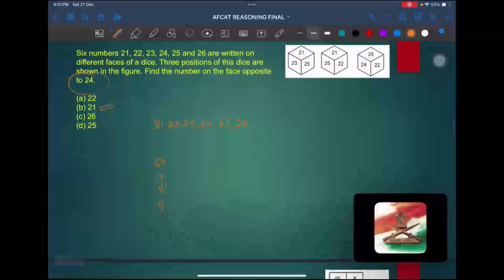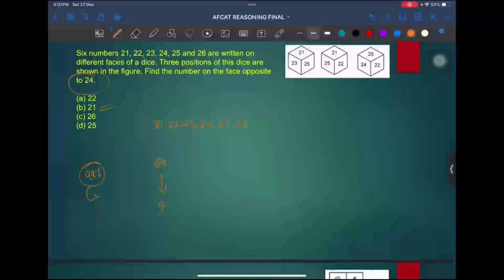It is one of the easiest topics, and 99% of the questions will be in a similar way. After your next session, you'll have one practice test where you'll find different kinds of questions, and especially in this dice concept you'll have this kind of question.